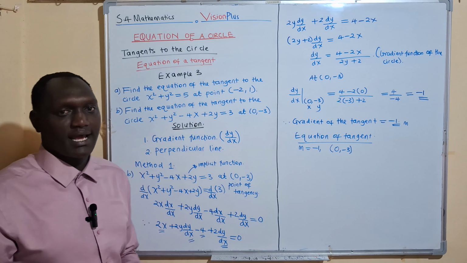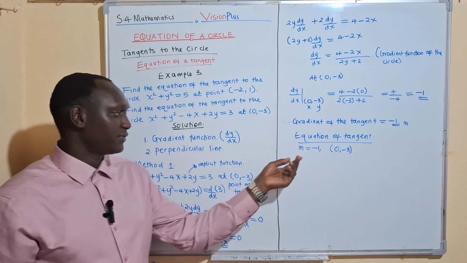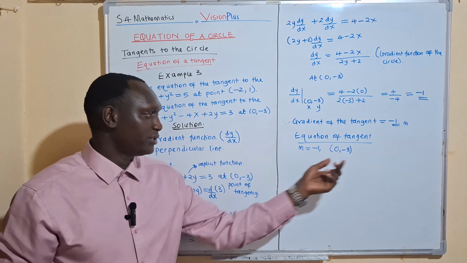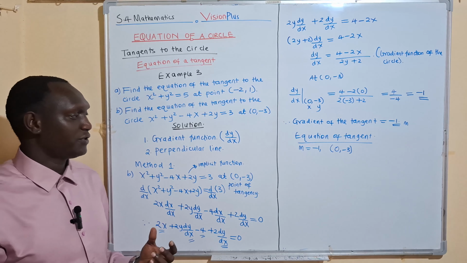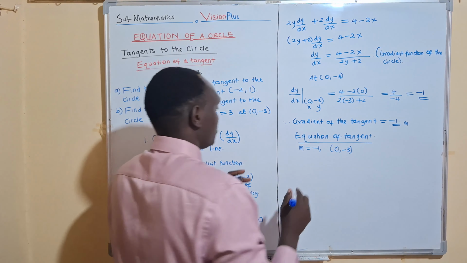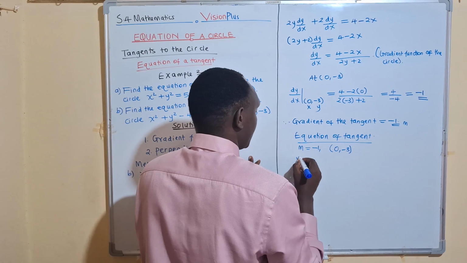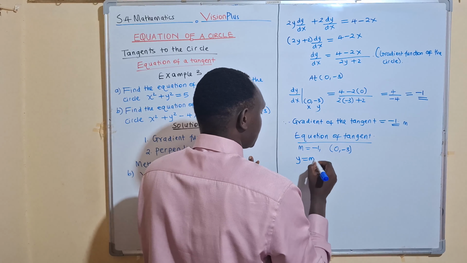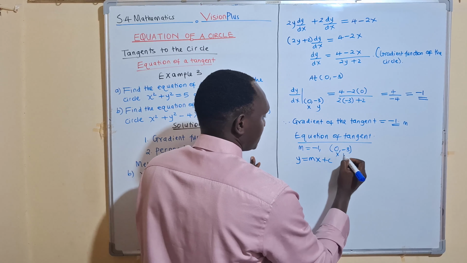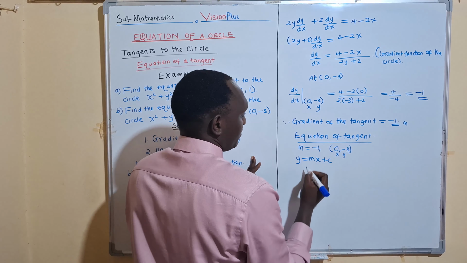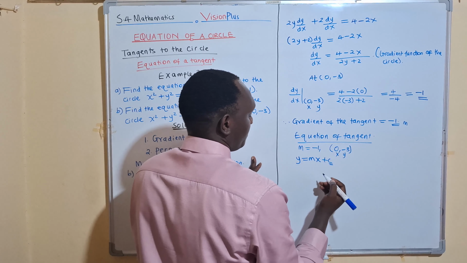A tangent is a line. If you know the gradient of a line and one point on that line, then you can simply find the equation of that line. So the equation of a line is given by y equals mx plus c. This is x, this is y, and we have m here. So we need to find c.